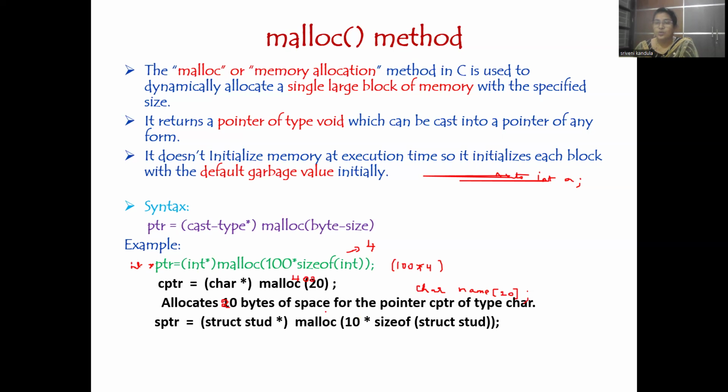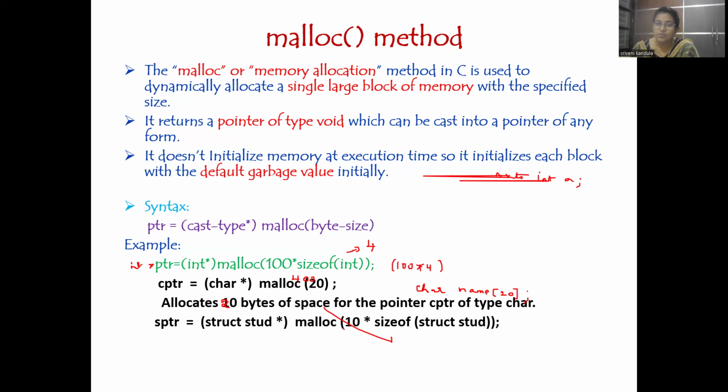Similarly, if you want to allocate memory for a structure variable, okay, at a time, you want to store 10 student details. So for the 10 students, you want to allocate the memory. So here you can see, I have given it as 10 into size of struct student. You know the purpose of size of operator, right? It returns you the size of a variable in terms of bytes. So here, depending upon the student data structure, how much amount of memory is required, that size multiplied by 10.